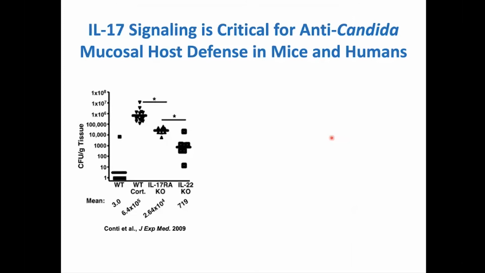My last two to three minutes, I'm going to end with mucosal Candida infections. We talked here about invasive disease and how neutrophils and macrophages are critical. At the level of the mucosa, what's important is to have lymphocytes, particularly those producing IL-17, as shown initially here in mice by Sarah Gaffen's group, with IL-17 receptor knockout mice not controlling the infection properly.